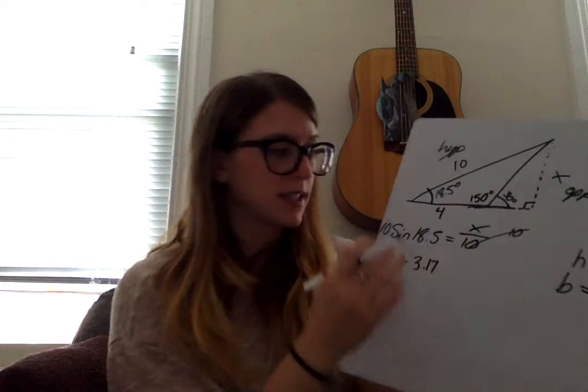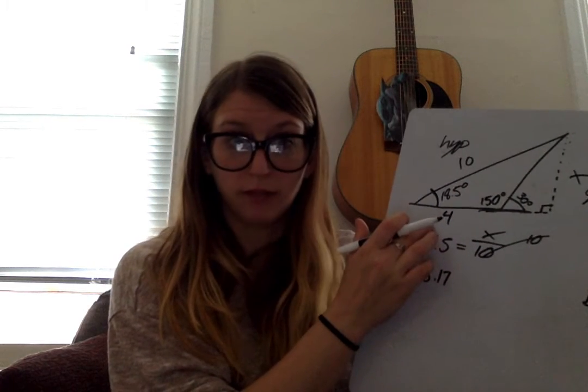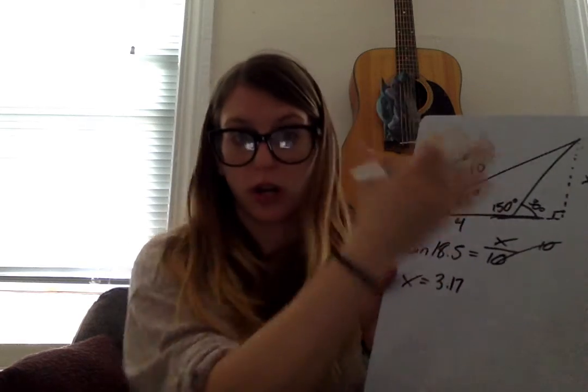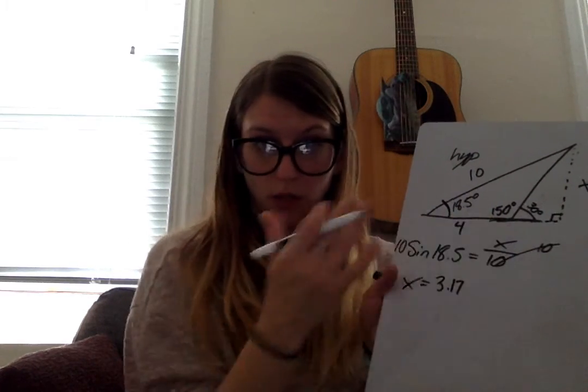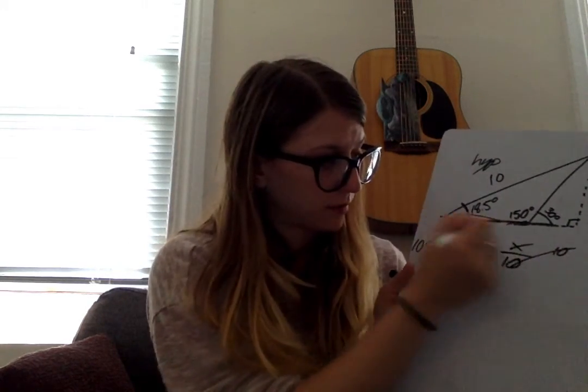My base is 4, because we no longer care about this whole triangle anymore. This is our base. And we just do 1/2 times 3.17 times 4. We get 6.34 units squared.